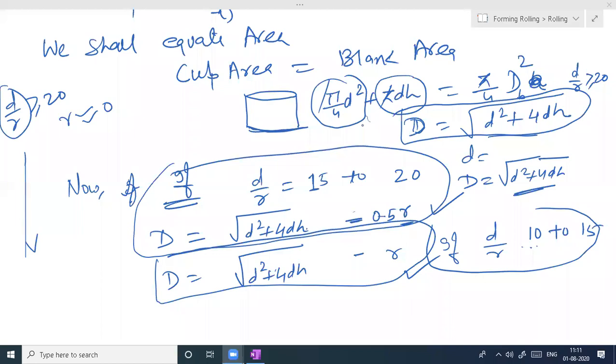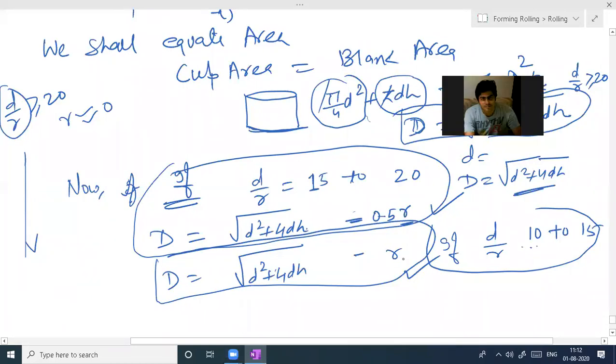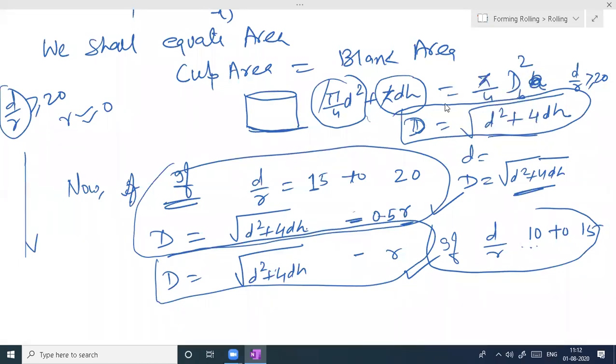So we were discussing deep drawing, and the major points we discussed. First, the deep drawing setup is similar to punching and blanking operation. The only difference is that the punch and die have necessary rounding, and the clearance is more as compared to punching and blanking.